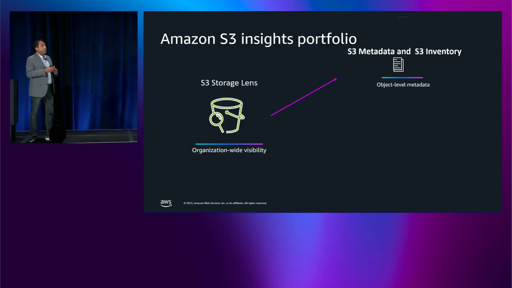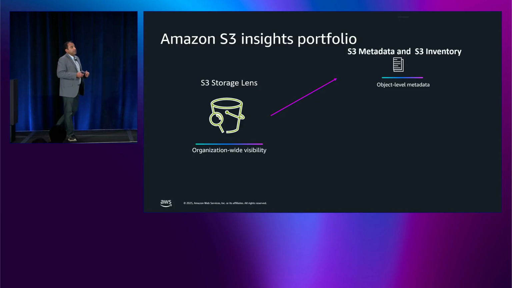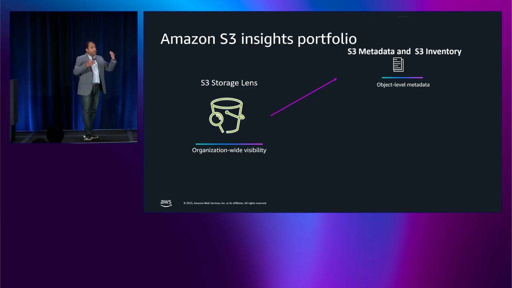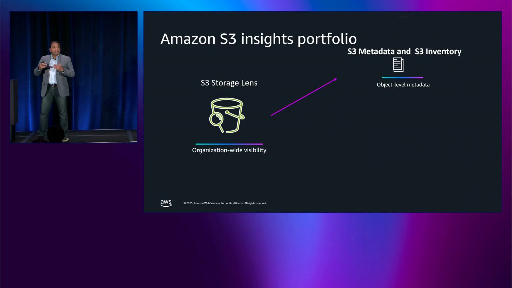If you need more real-time data, last re:Invent, we launched S3 metadata, which gives you near real-time information of all of your objects and your metadata. And S3 metadata is delivered in managed S3 tables, which means there's no additional processing. You can directly use your preferred analytics tools to start querying and discovering your data.